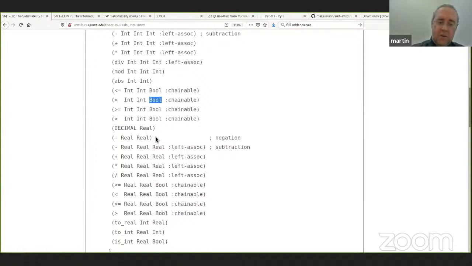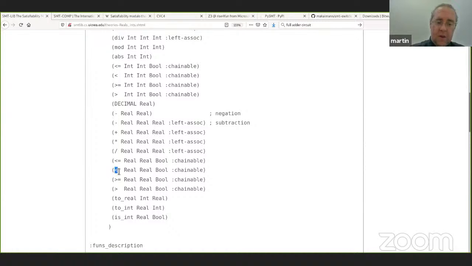We also have a similar thing, less than, for reals, and it takes two reals and gives you a Boolean. So anything that's giving a Boolean is effectively a predicate in the terms I was talking about earlier. Anything that's going from one thing in the domain of interpretation to another is a function.